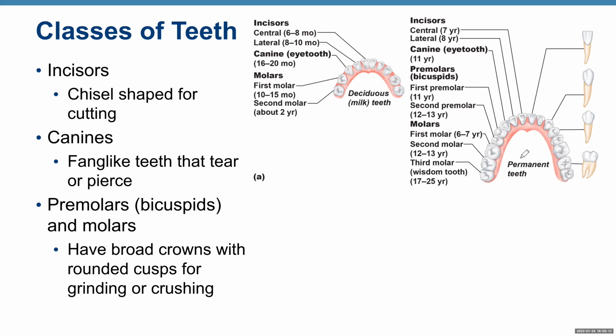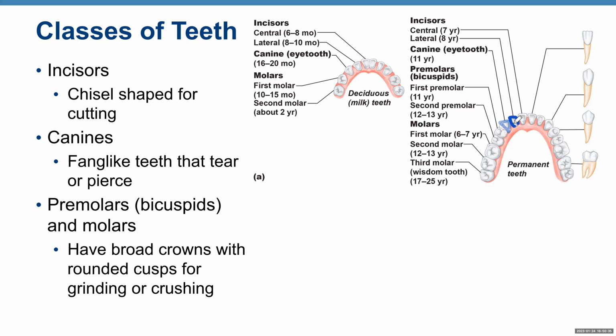So what they do is, let's say this is the upper jaw, they divide it into half, right? And here's your half of the upper teeth. So you have 2 incisors, then you have your canine, 1, right?